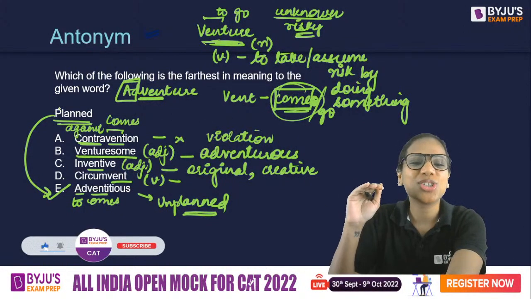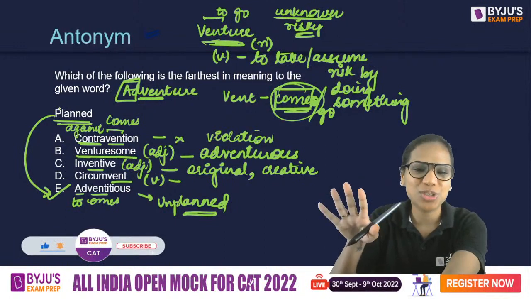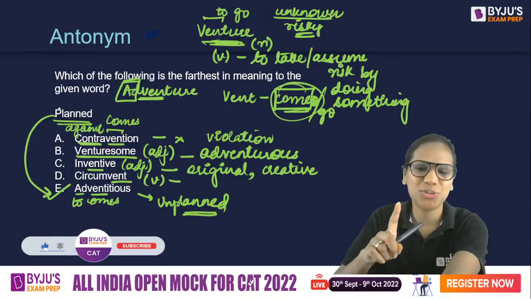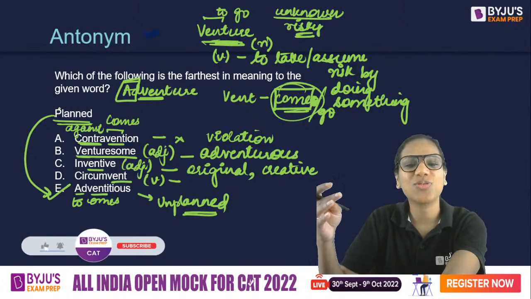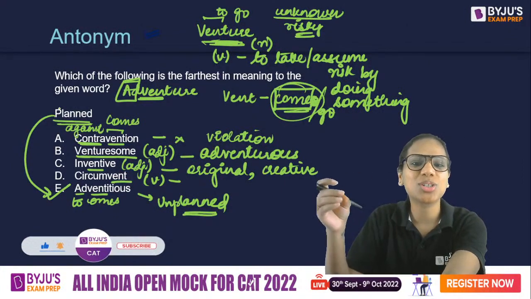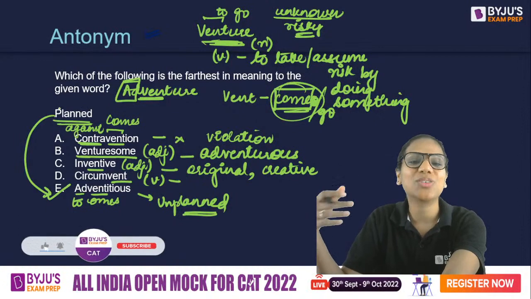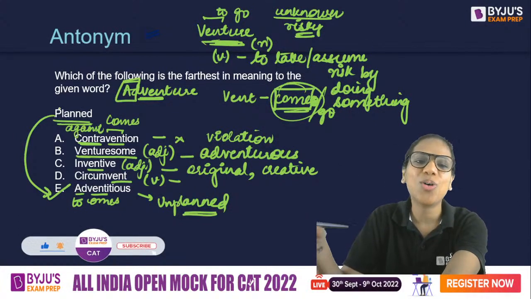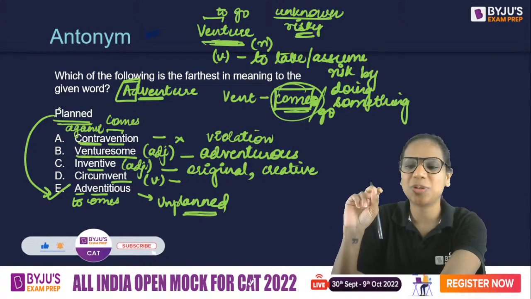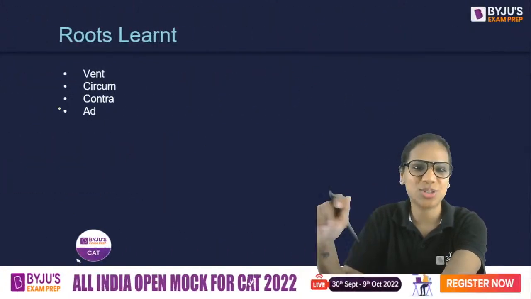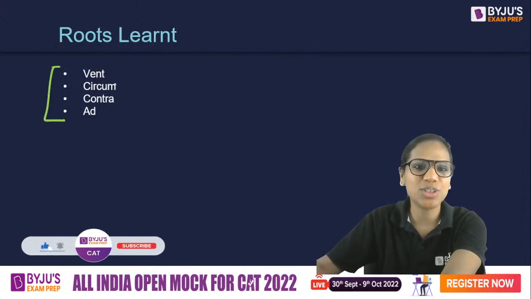So see, through just one question, we've learned 5 words, all 5 related to one root called vent. Vent means to come or go. From these simple words to words such as venturesome, adventitious, circumvent, all of these have this root. So I hope now you will remember them. That is the purpose behind doing these questions with you. And these are the roots that we have learned.